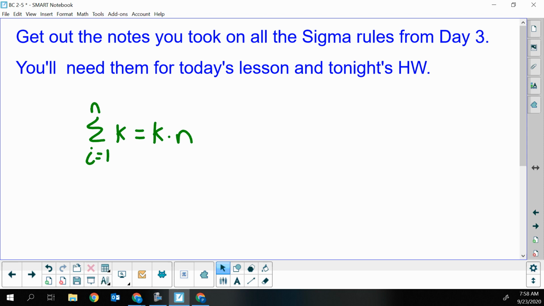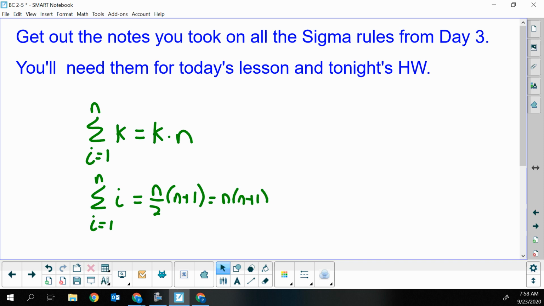We'll also need our i to the first formula. And I have it on there as n over 2 times n plus 1. You could also think of it as n times n plus 1 all over 2. Either of those are fine.